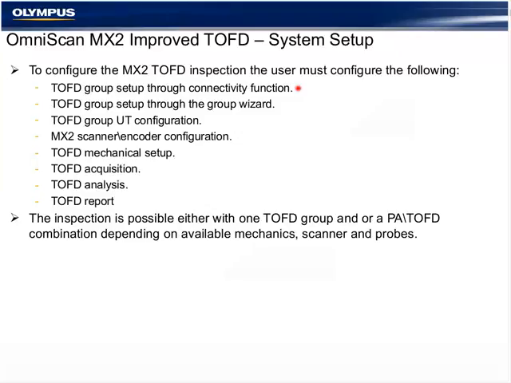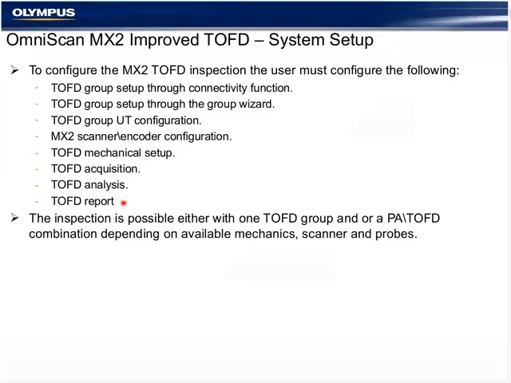It will take us through the setup of the group wizard on the MX2. We're going to configure the UT, configure the scanner, talk a little bit about the mechanical setup, and do a simple demonstration of acquisition, analysis, and reporting.